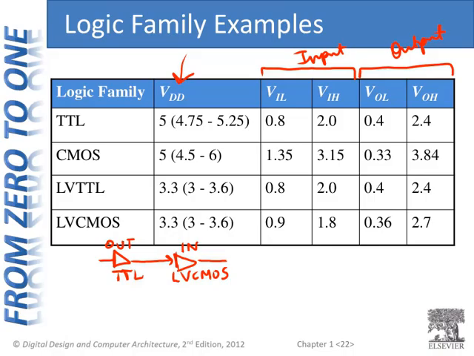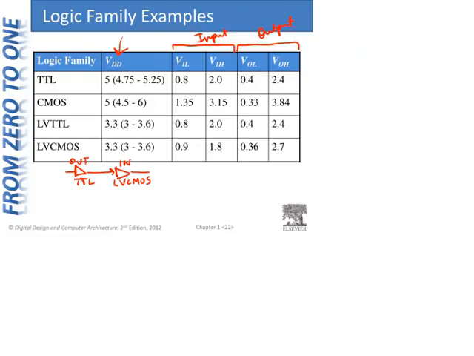Okay, so let's try this out. Like I said before, the best thing to do is to draw these kind of stick diagrams of what we have here. TTL is nominally running at 5 volts and 0, and low voltage CMOS is running, so we could redraw that to be a little bit more accurate.